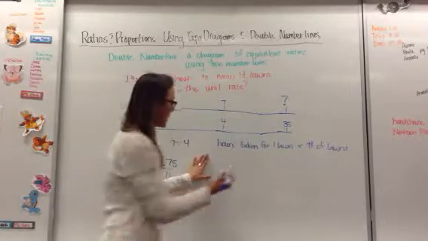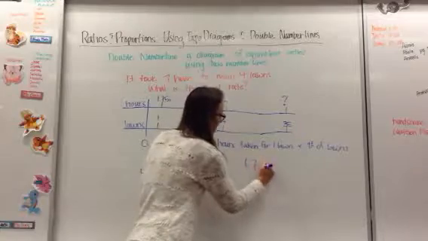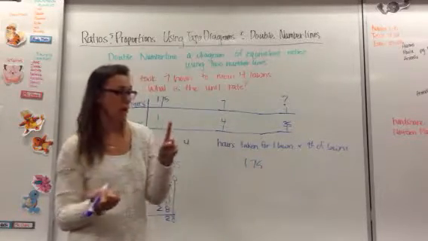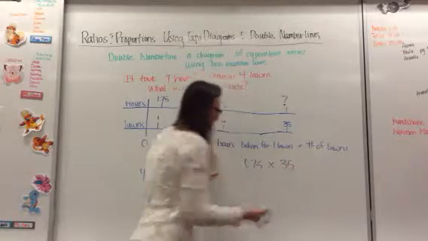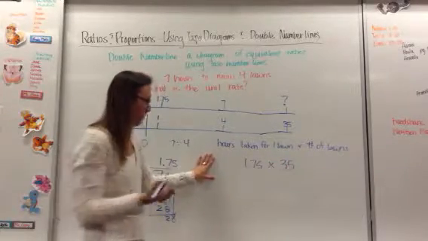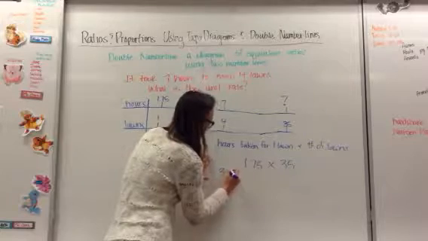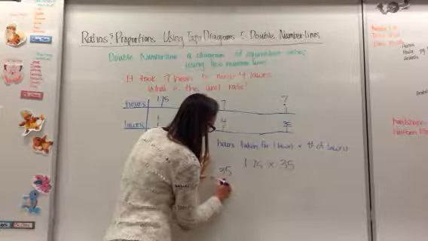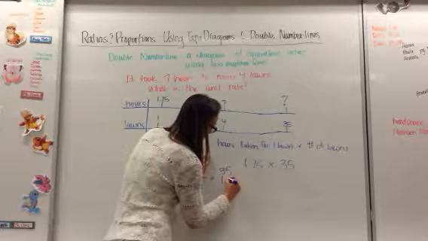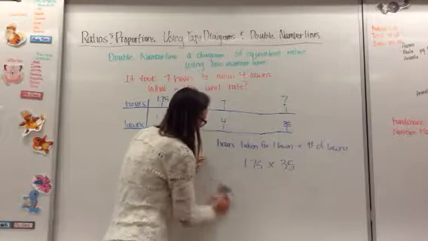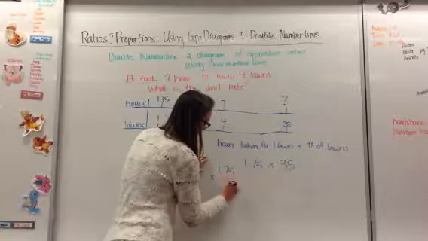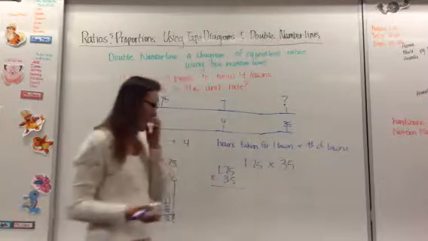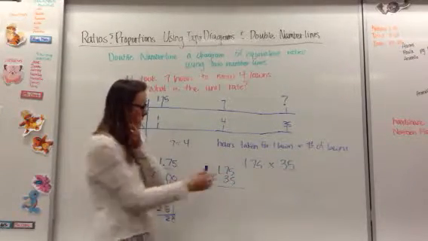So I know it takes 1.75 hours to mow one lawn, and I times that by the number of lawns, 35. I'm going to stack it. 1.75 times 35.